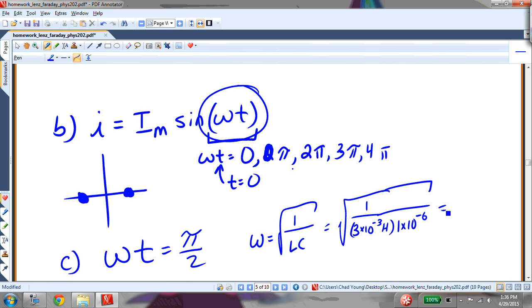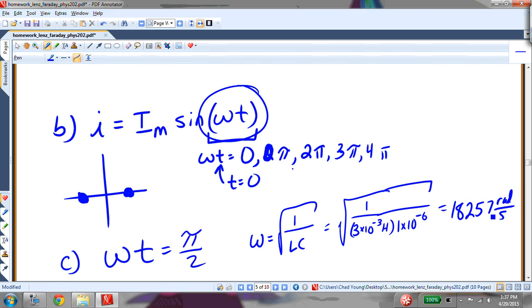And that angular frequency, let's see, I get 18,257. I'll keep all those significant, even though they're not really significant. This is in radians per second.